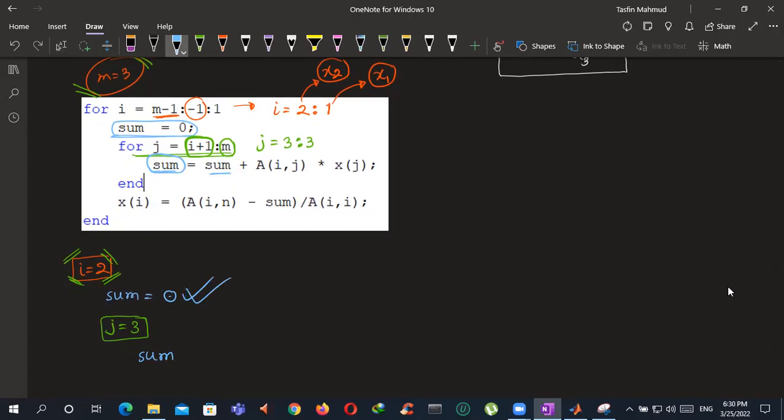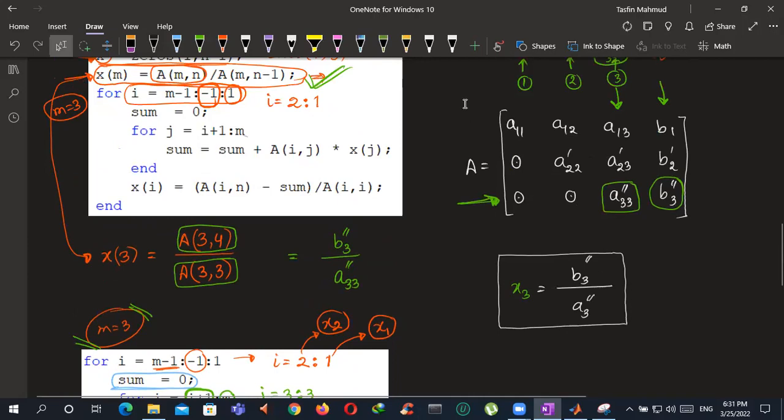So sum equals 0 plus aij. Aij means what? The value of I is 2, so a2 comma j is 3. A2j is multiplied by xj. The value of j is 3, so x3.